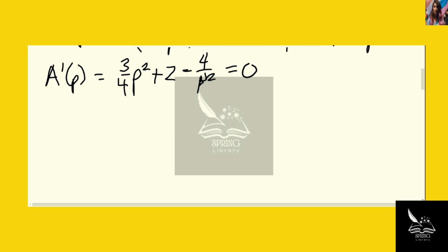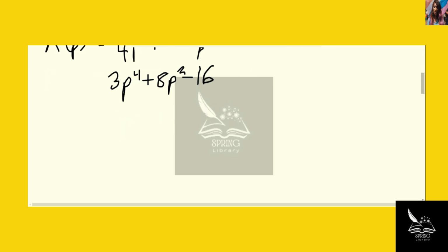If we solve this rational equation, we can write this as 3p to the 4th plus 8p squared minus 16 over 4p squared equals 0. In the numerator, we have a quadratic in p squared.